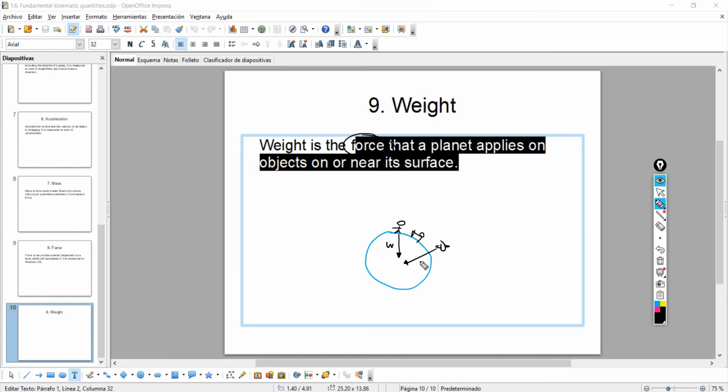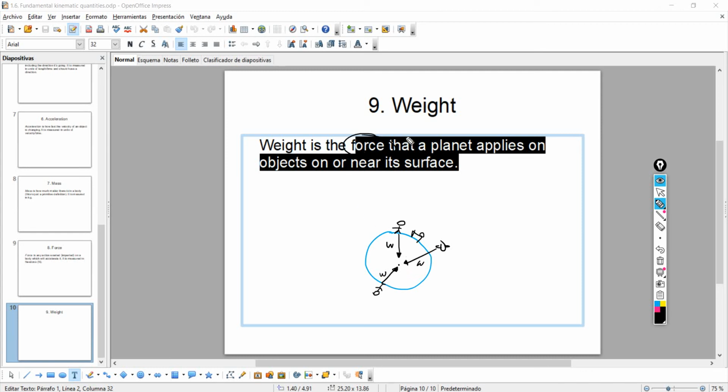The force that the earth applies on this airplane right now is called the weight of the airplane, etc. And obviously that force is always directed towards the center of the earth. For another person on this part of the hemisphere, that force will be directed in this direction, and that's going to be her weight, etc.